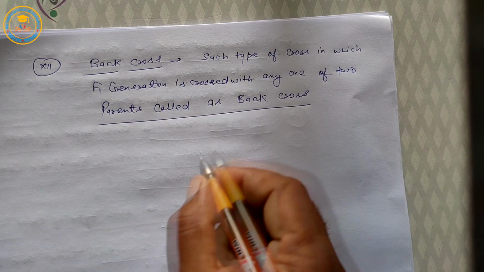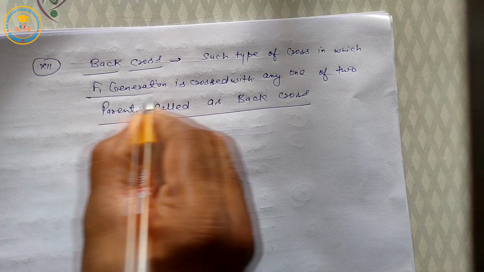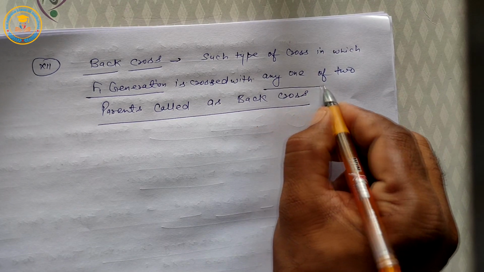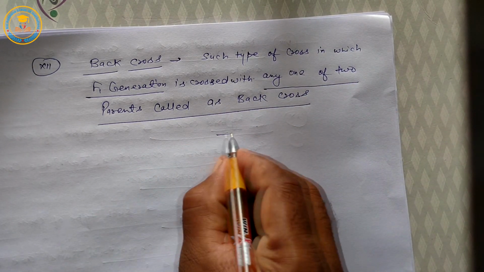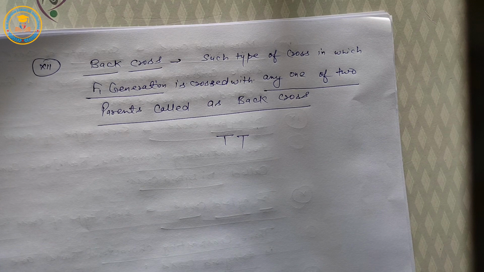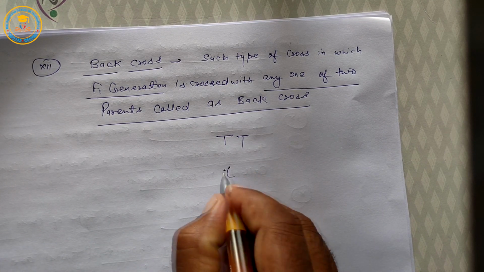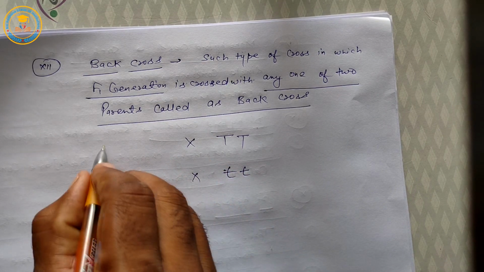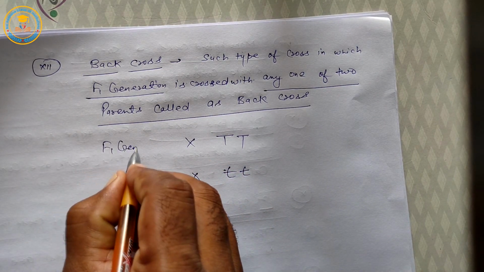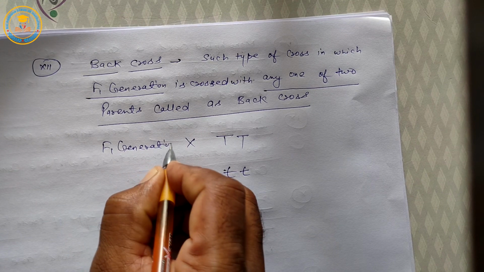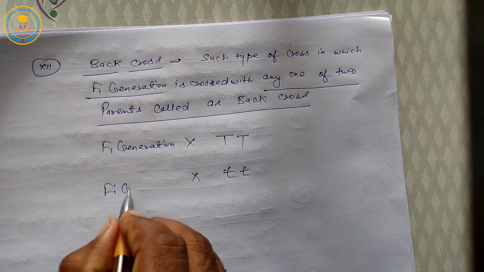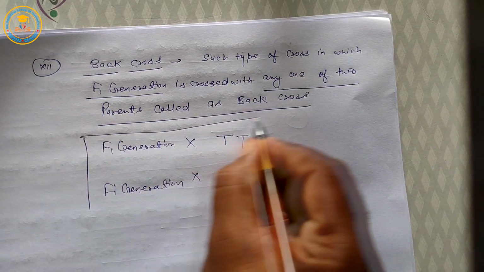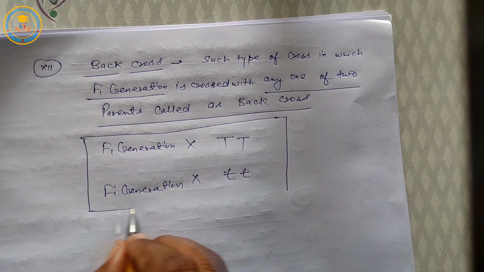Once again, students, first is the F1 generation, second any one of the two parents, this is the first parent, this is the second parent, crossed to the F1 generation. This cross is called backcross.